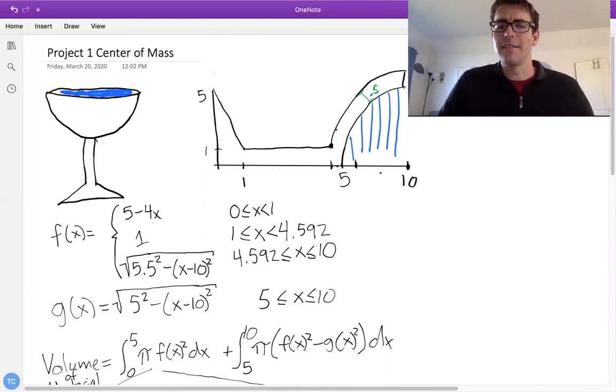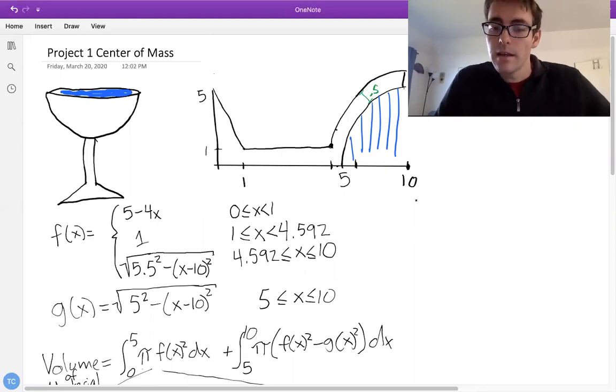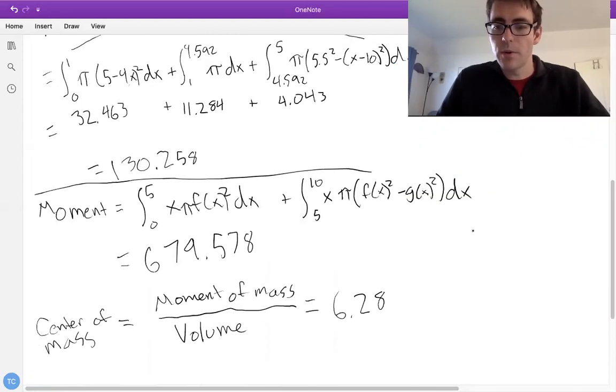This whole thing's not necessarily to scale. 0 to 5 should be the same as 5 to 10. Okay, so my center of mass is, what did I say? 6.28.